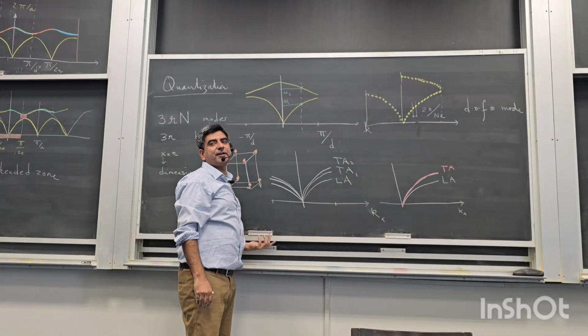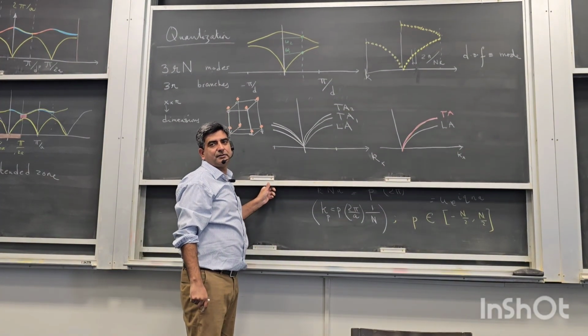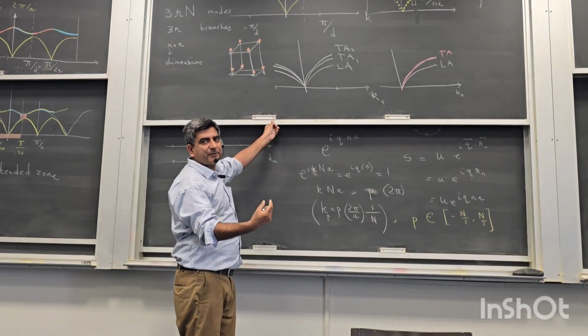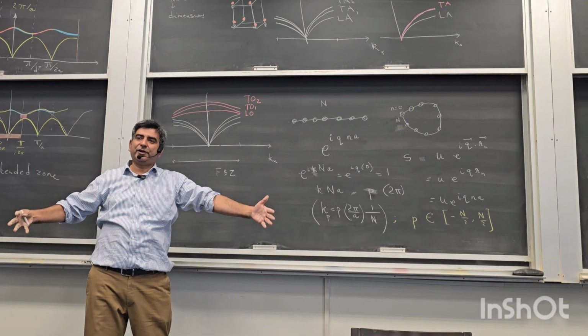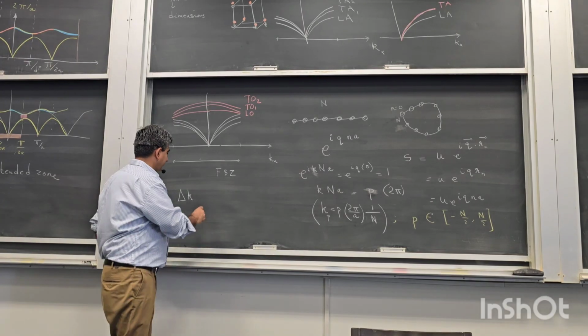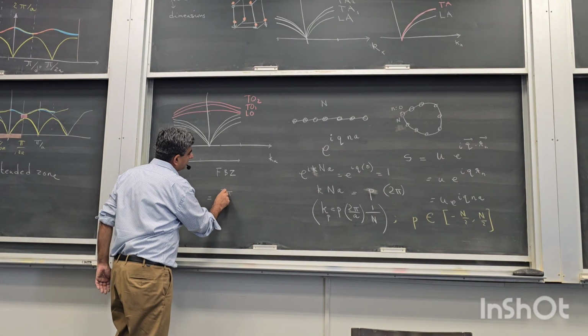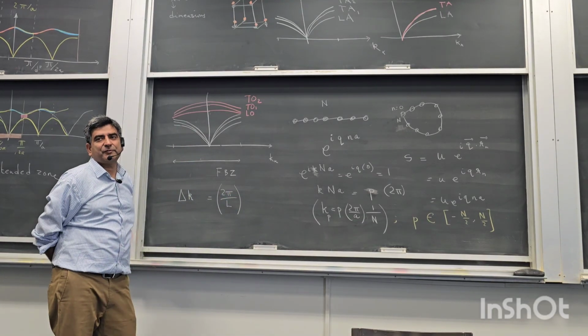What is N times a? The total number of points times the spacing between two atoms gives us the total length of this solid in 1D. So this is 2 pi over L. The spacing between these points is 2 pi over L.